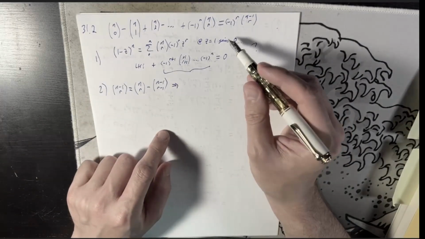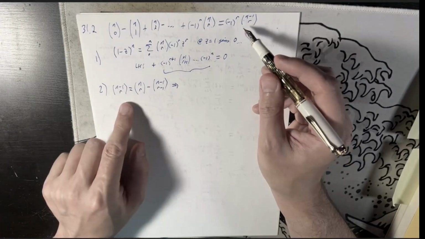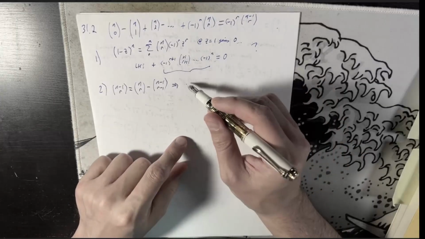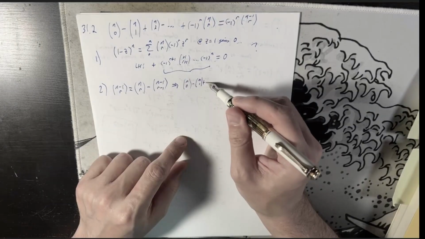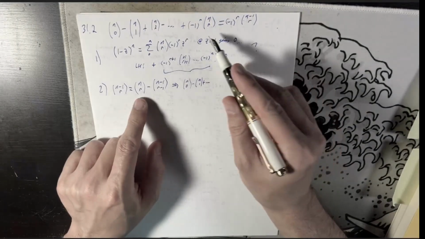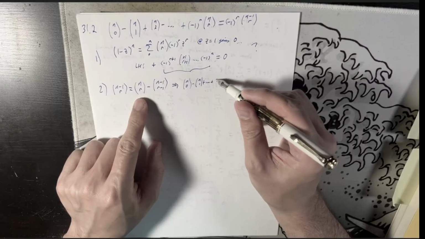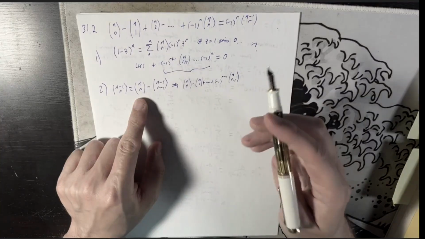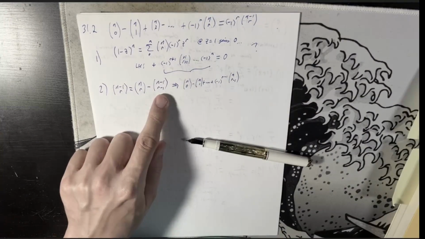So that tells us, well, we could then add this term. It tells us that subtracting that off, we get the previous term, r minus 1 choose r minus 1. And then we can add this term.